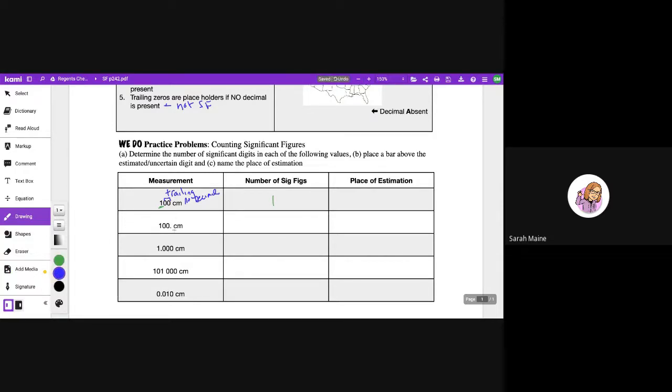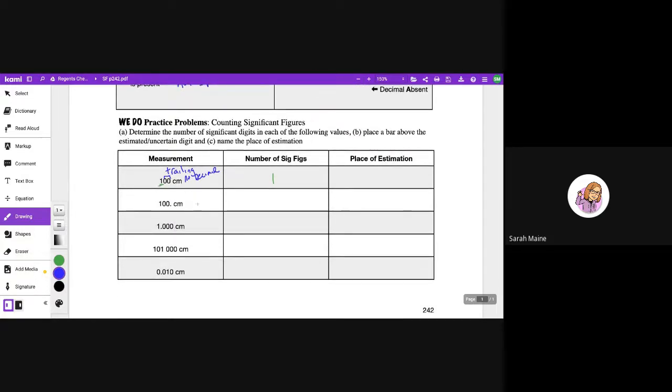Now, taking a look at the next value that's written, it's also 100 centimeters. These two zeros are trailing behind the non-zero digit, so they are trailing. But when I look at the way that this number is written, it's 100 with a decimal point, so there is a decimal.